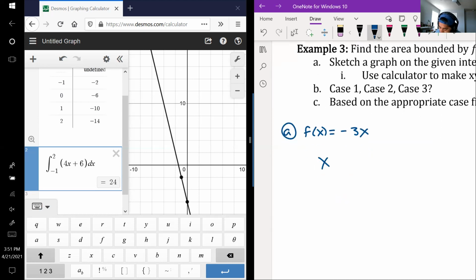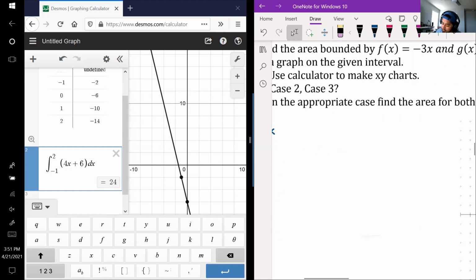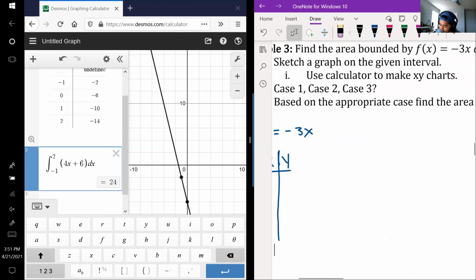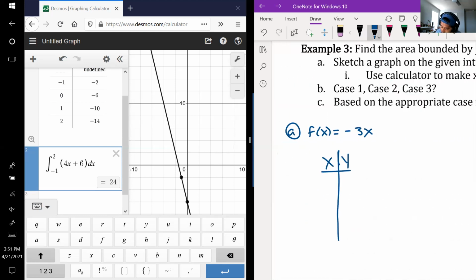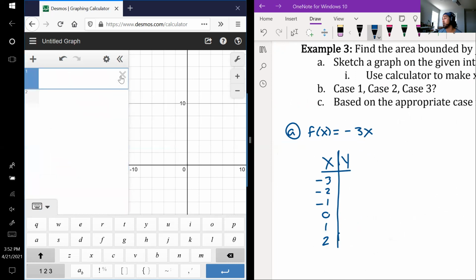And here's my XY chart. And we had said from negative 3 to 2. Okay. Negative 3, negative 2, negative 1, 0, 1, 2. We don't really need Desmos for this because all you're doing is multiplying all these values by negative 3. So negative 3 times negative 3 is positive 9, 6, 3, 0, negative 3, negative 6.